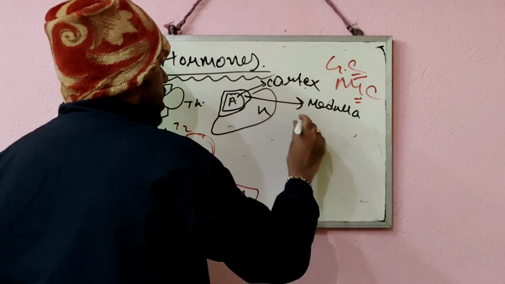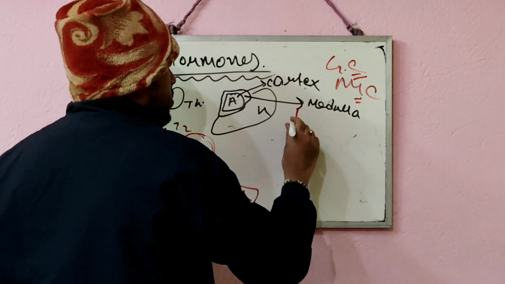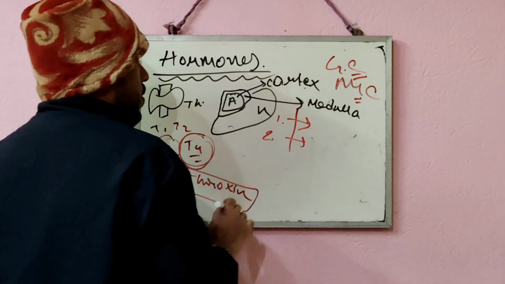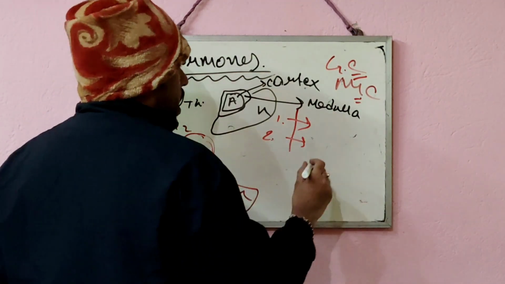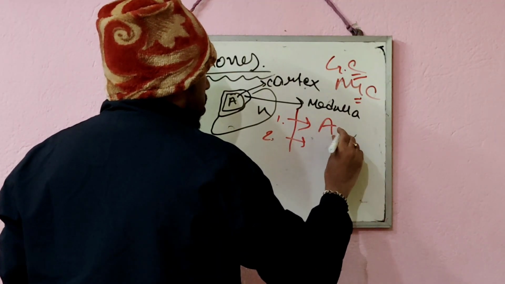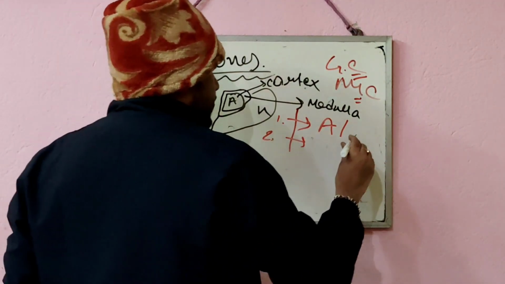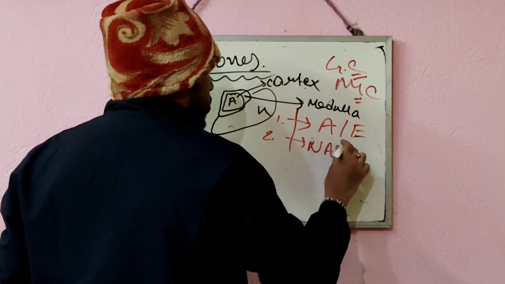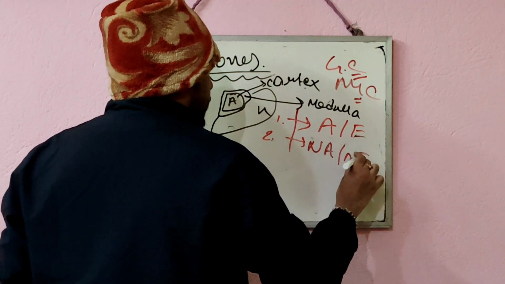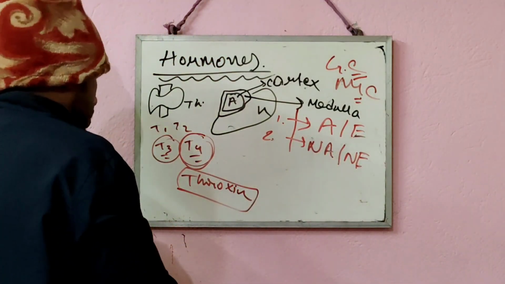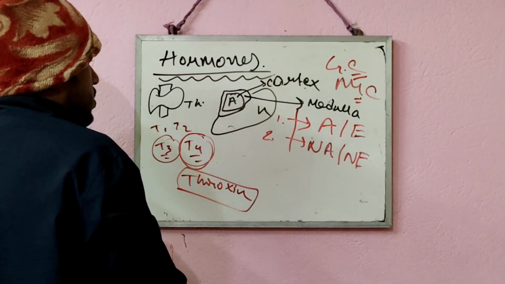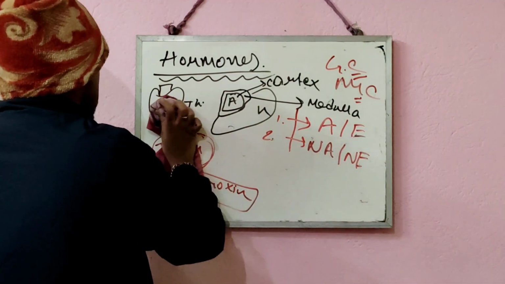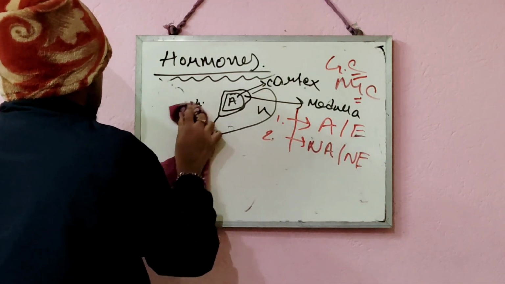And from the adrenal medulla, two types of hormones are secreted out, that is adrenaline, also called epinephrine, and another one is noradrenaline, also known as norepinephrine. So from the cortex part, hormones secreted are glucocorticoids and mineralocorticoids, and from the medulla part, adrenaline or epinephrine and noradrenaline or norepinephrine.